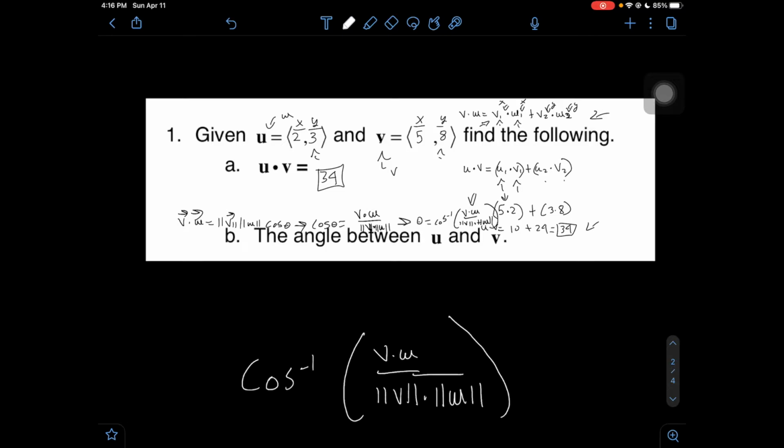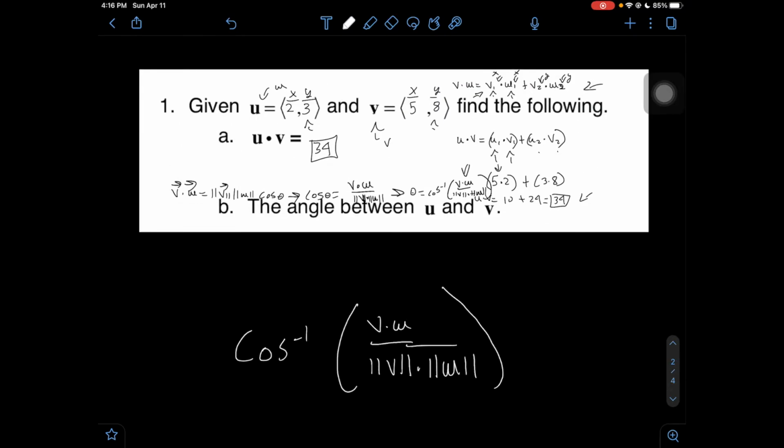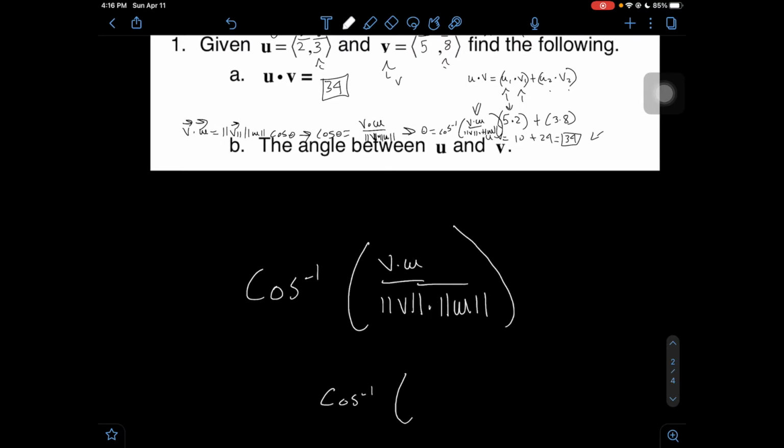Now we will substitute in our values. We found v times w in our first question to be 34, and remember, we're just changing it from w to u as the variables can be interchangeable. So we have cosine inverse of 34, and now we have to multiply the magnitude of v times the magnitude of w.